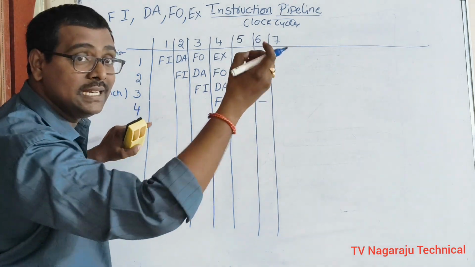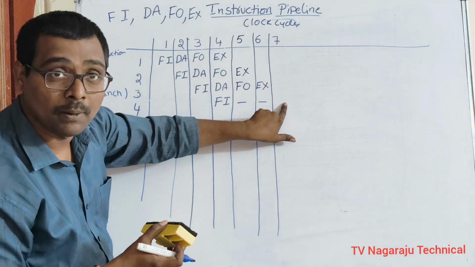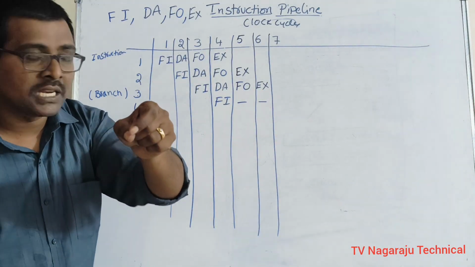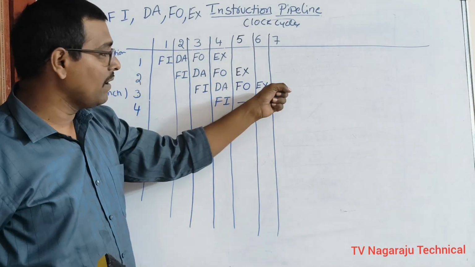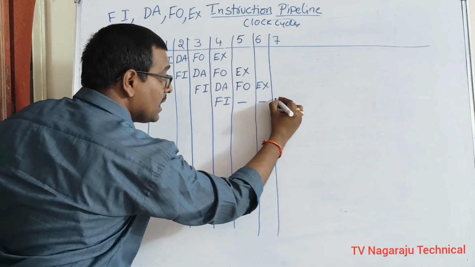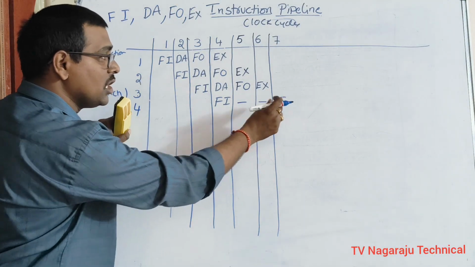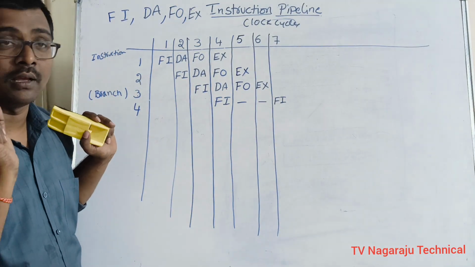If the branch is taken, a new instruction is fetched from the memory. If the branch is not taken, the already available instruction is placed. That means instruction 4 starts its execution from the beginning.